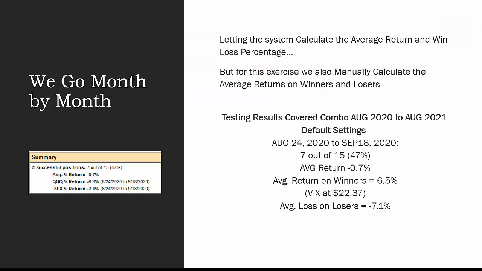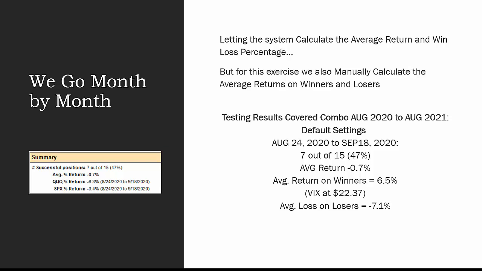We went month by month, tabulating the summary and the average return on winners and the average return on losses for each individual month to get the baseline that Fernando wanted to run the simulation. So, as we can see here, those first results we tabulated from August 24th, 2020 to September 18th using the default covered combination settings had only a 47% win rate out of the 15 trades.